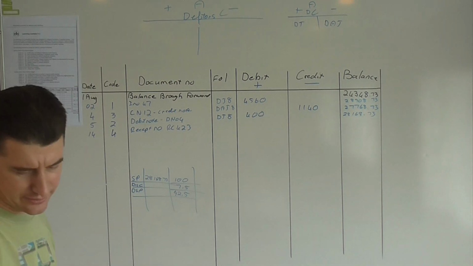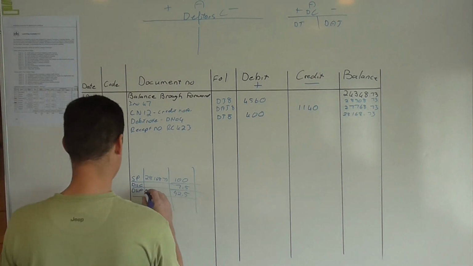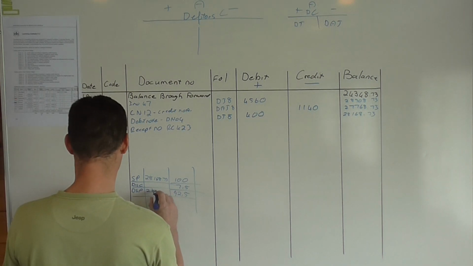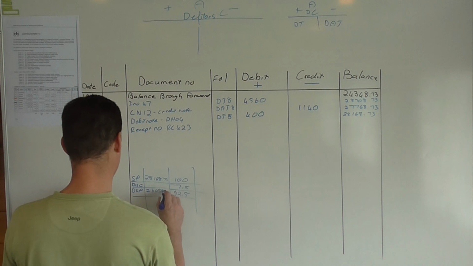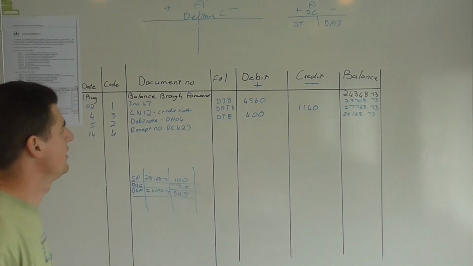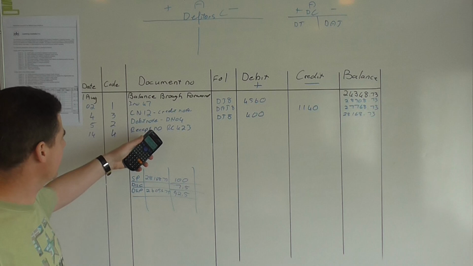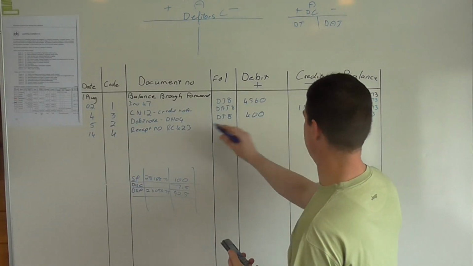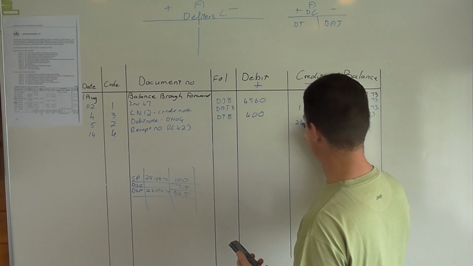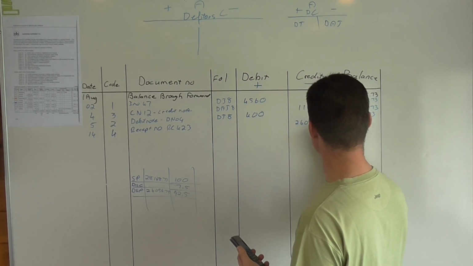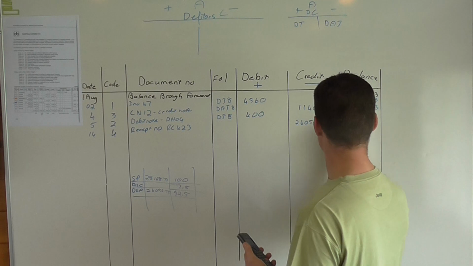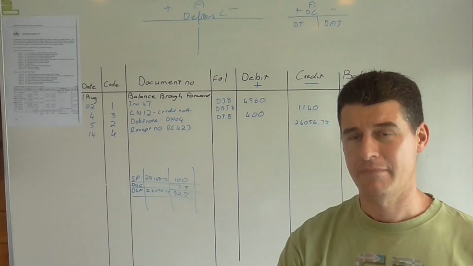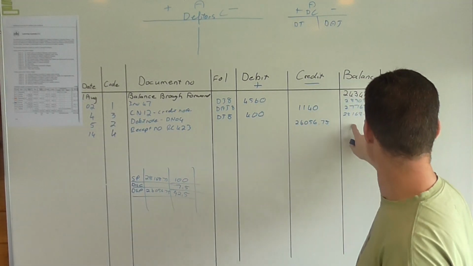And that gives you 26056.75. So in other words, his account is decreased with 26056.75.